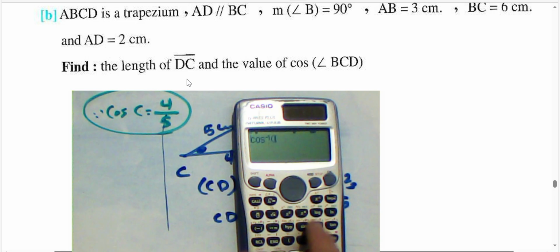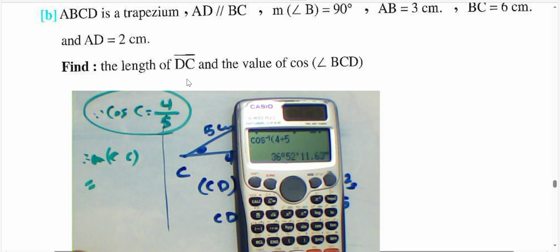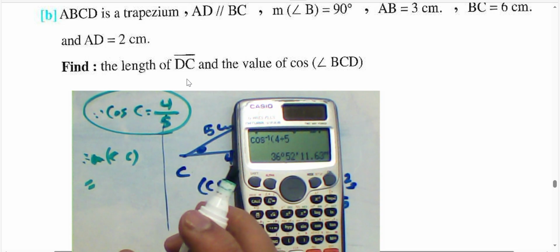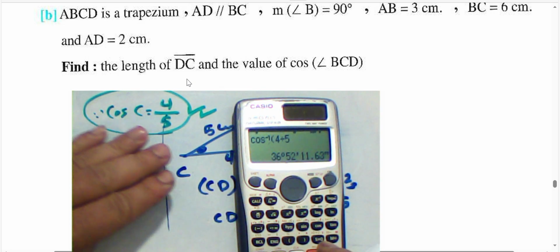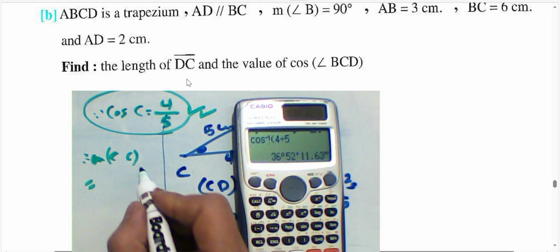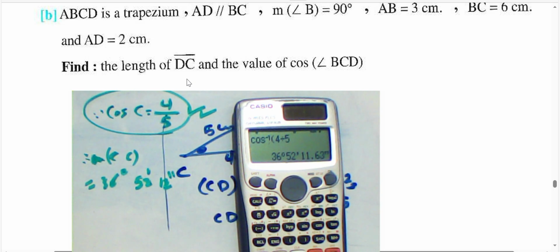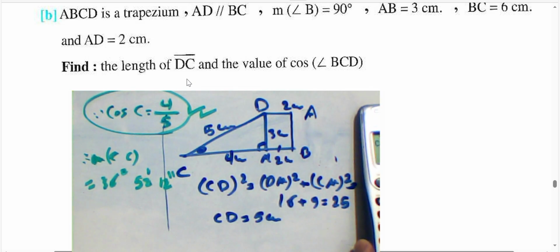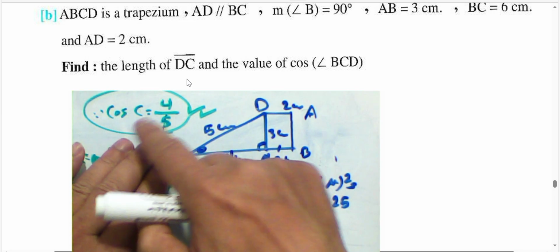Shift cosine 4 over 5, and the result will be 36 degrees and 52 minutes. He wants cosine. Okay, if he wants the measure of angle C, you can complete it: 36 degrees 52 minutes and 12 seconds. But the answer you must write is cosine C equals 4 over 5.